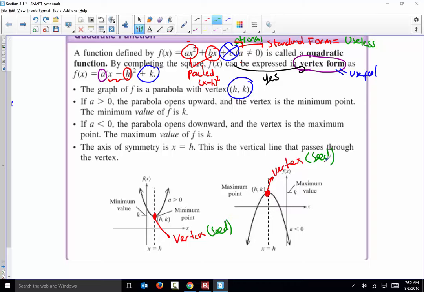Why do I call it seed? Because it looks like this is a seed, one round seed, and two branches of a plant popped up there, right? Two branches are growing and growing up, or two branches are growing and growing down, correct? So I call this vertex form seed form, because you can read the location of the seed.